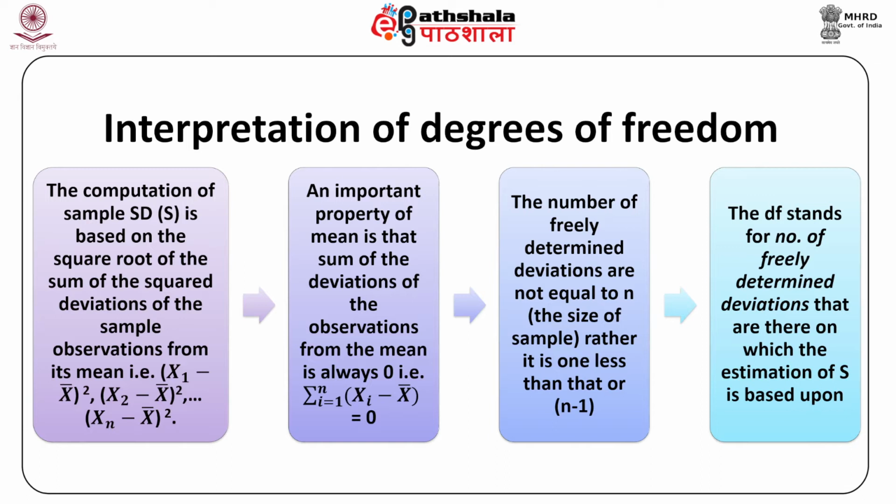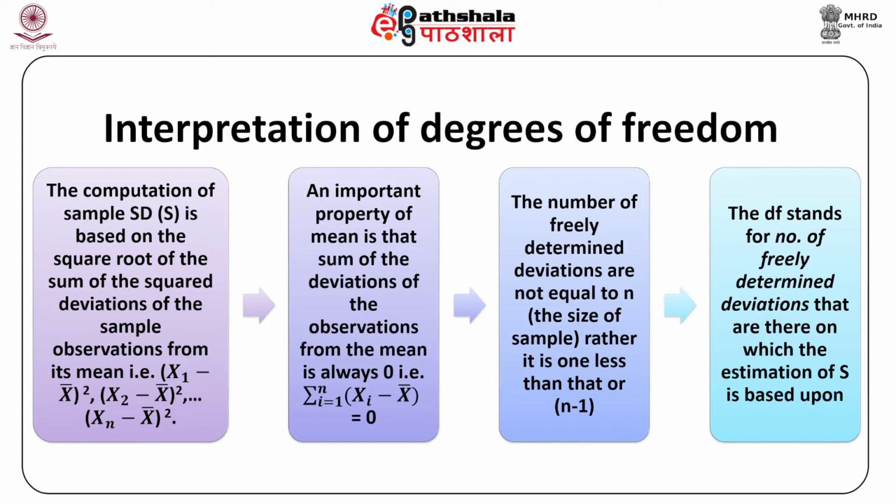So in order to compute standard deviation, this x bar must be known, which means we have to estimate this x bar. However, an important property of mean is that the sum of the deviations of the observations from the mean is always equal to 0, which I am sure you know, and we can rewrite it as summation xi minus x bar, where summation is of i from 1 to n, is equal to 0.